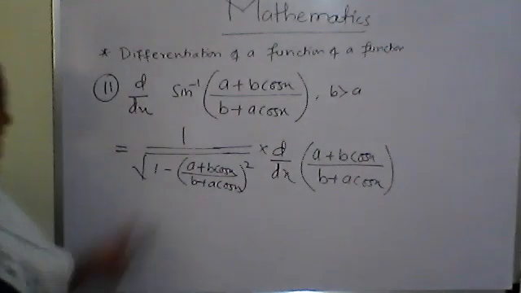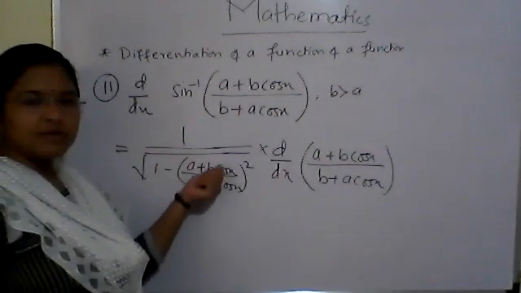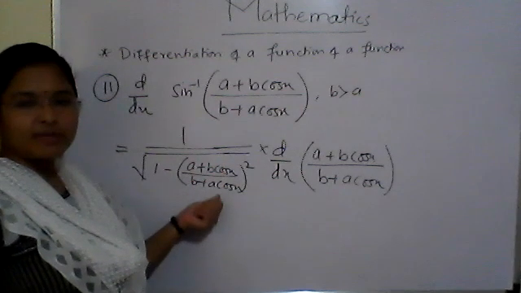So now in the square root, numerator square upon denominator square is there.